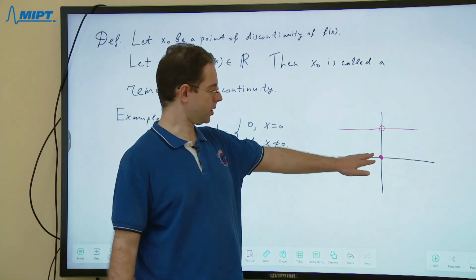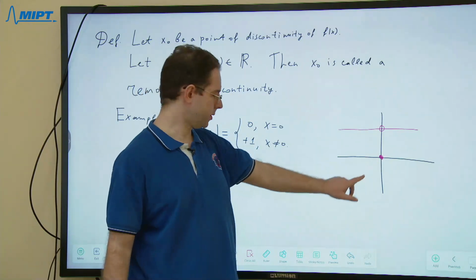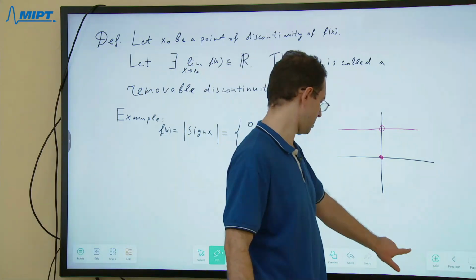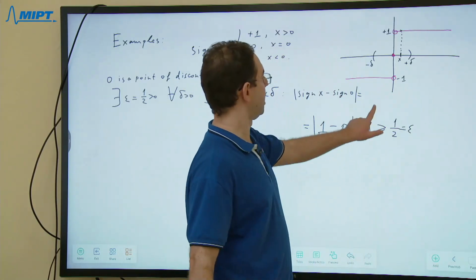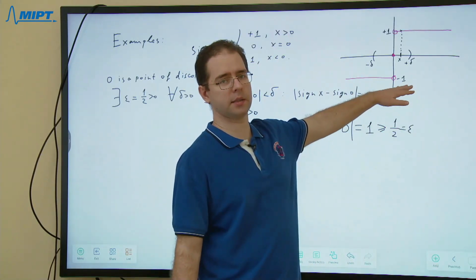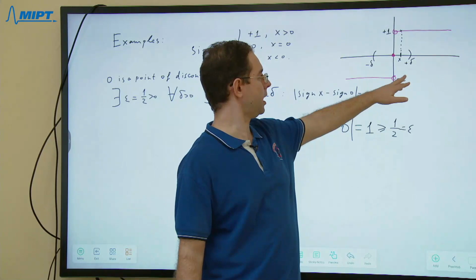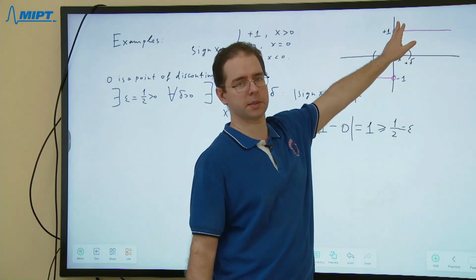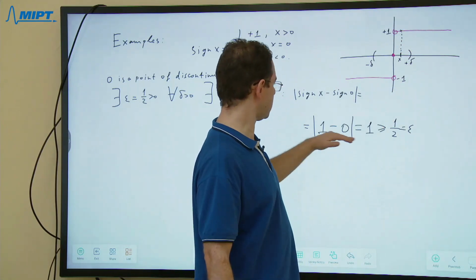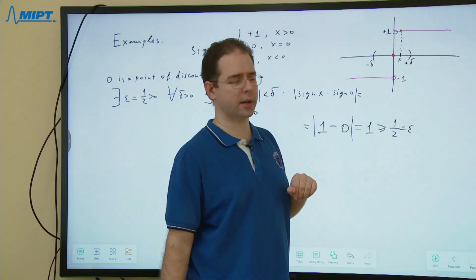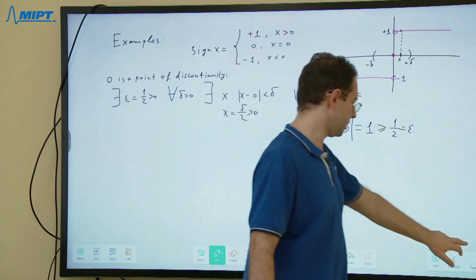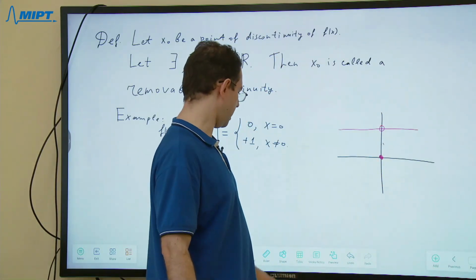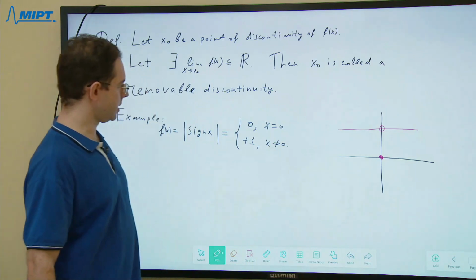I can use exactly the same proof I used here. I took a positive number, and the value at this number is +1, and so this difference is greater than 1/2. I can use exactly the same proof over here to prove that this is a discontinuity.